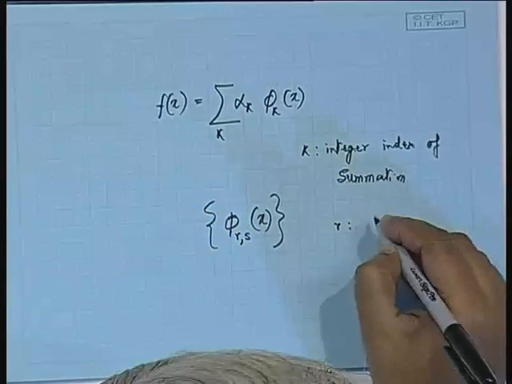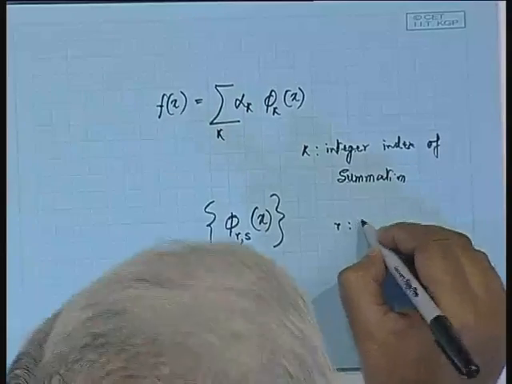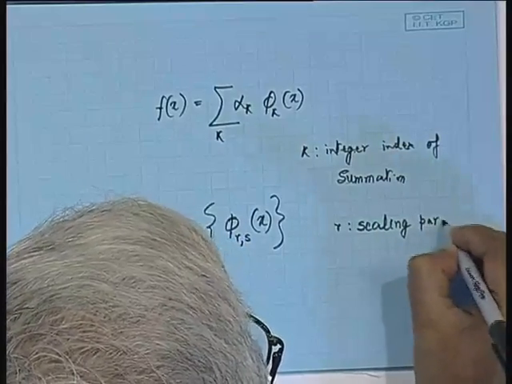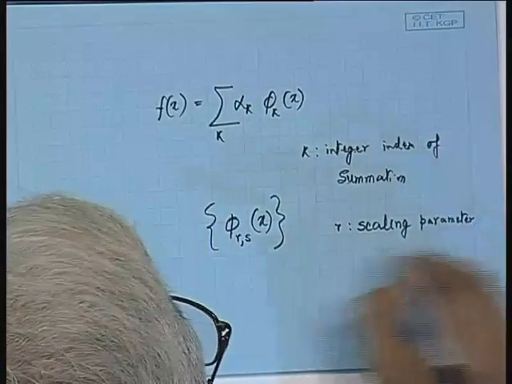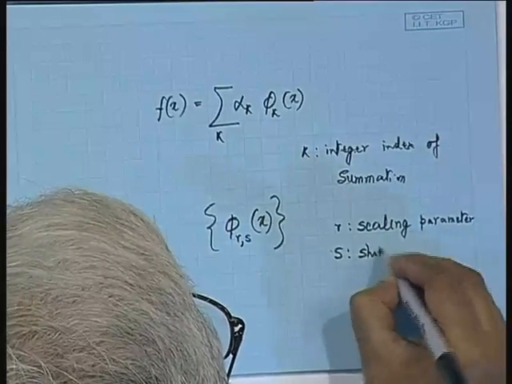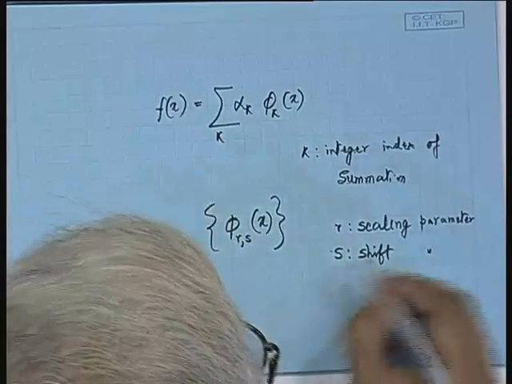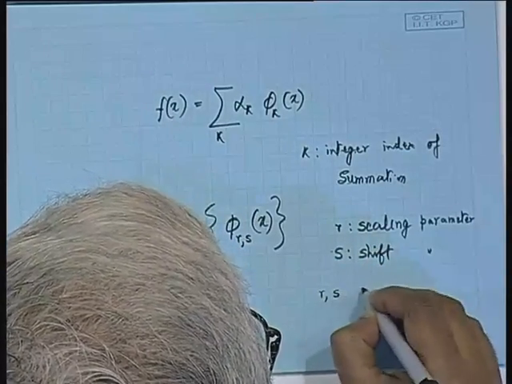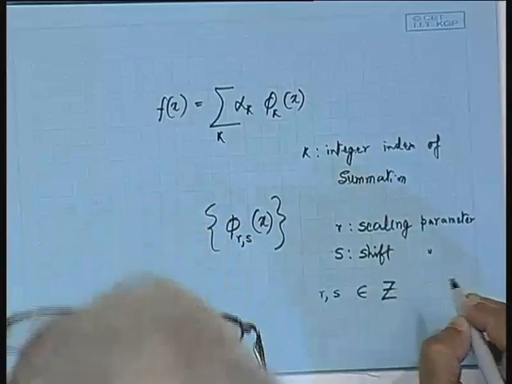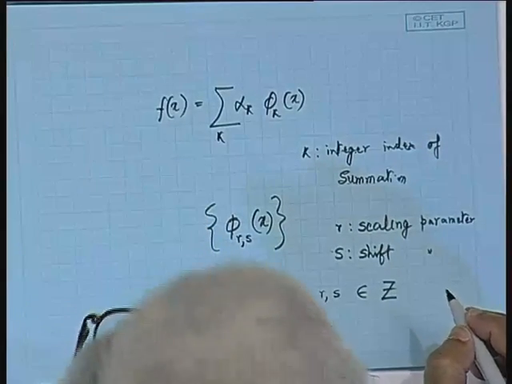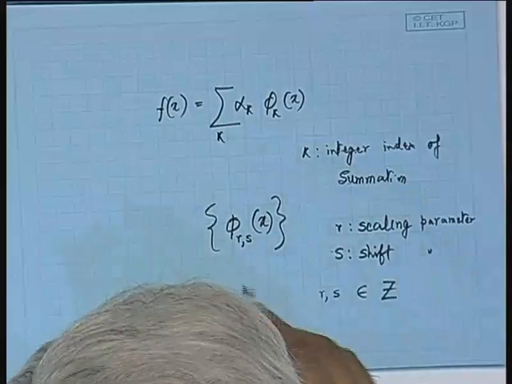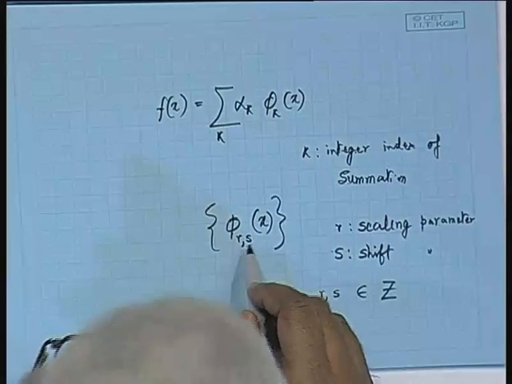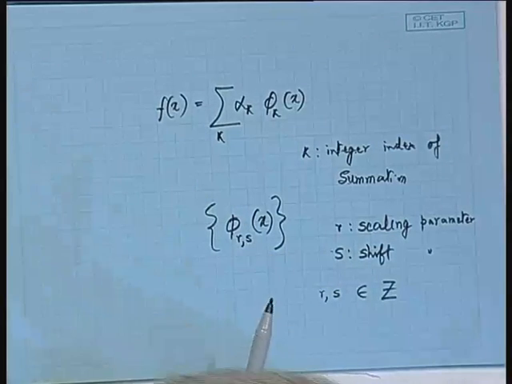R is called the scaling parameter and S is called the shift parameter. And both this R and S belong to the integer space Z. So, we have to consider a set of functions given by phi r s.